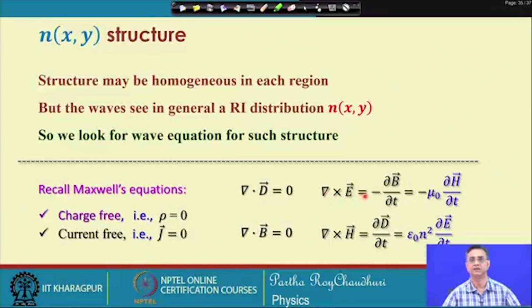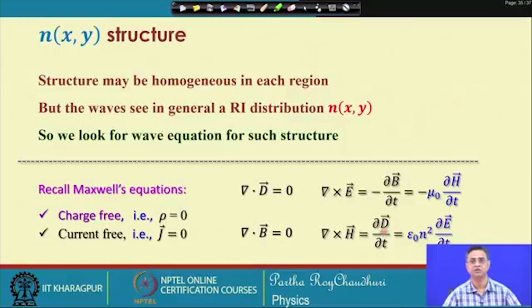So, this curl equation you can write, assuming that all the media involved are non-magnetic, in terms of mu naught, the free space permeability, and del H by del t. And for del cross H, I have epsilon, the permittivity of the medium of each of the layers, and you can write this as epsilon naught n square, n being the refractive index, times del E by del t.